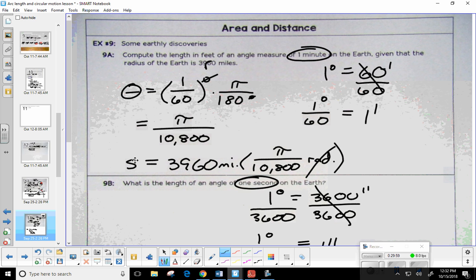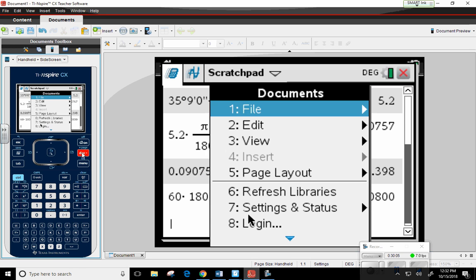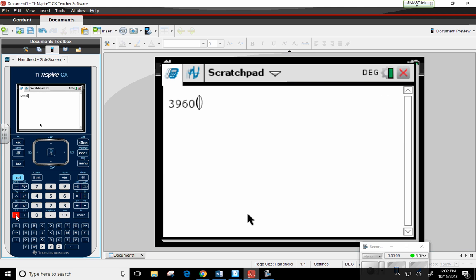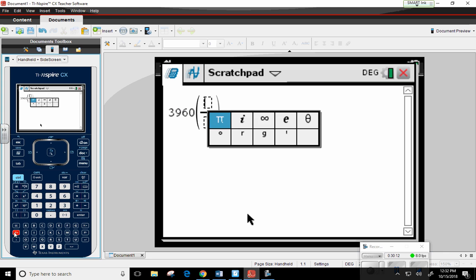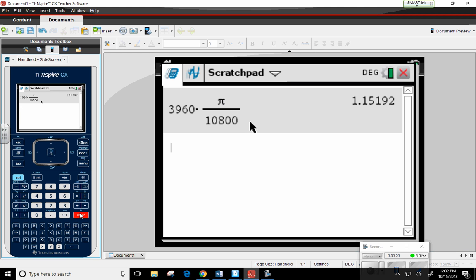So let's see here. 3960 times pi over 10,800. Let me clear all this out. 3960 times pi over 10,800. When I do so, I'm getting about 1.15 miles.